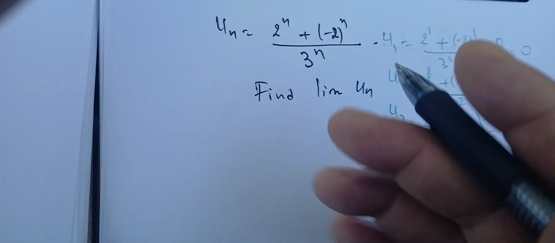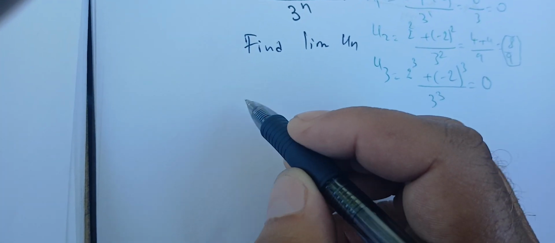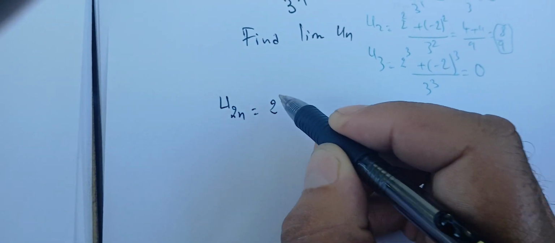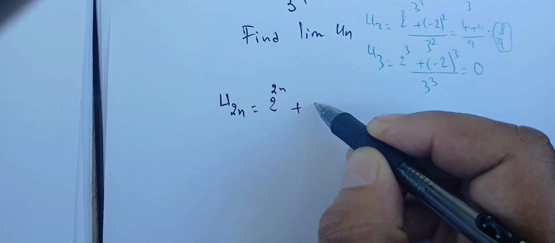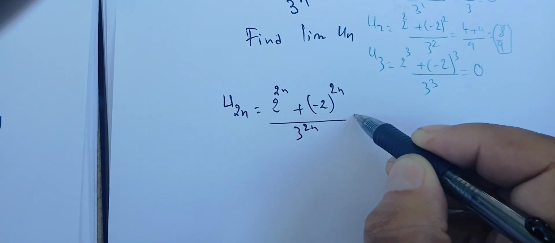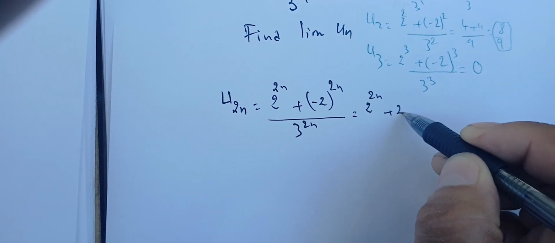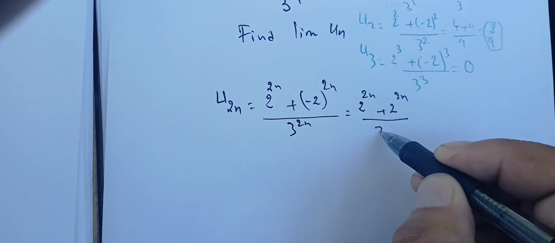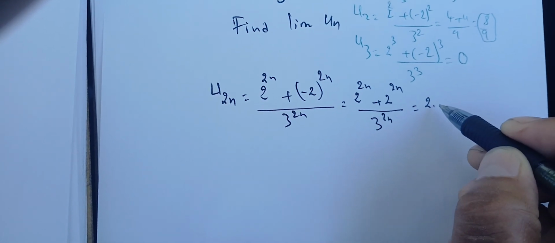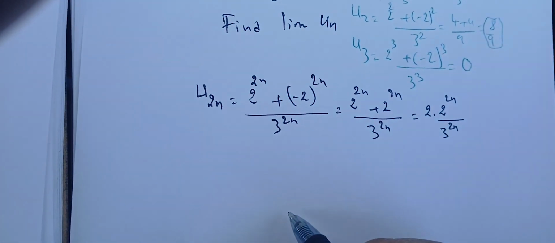So we have to study the parity of the sequence. If we have u_2n, we're going to have (2^(2n) + (-2)^(2n)) / 3^(2n). We're going to have 2^(2n) plus 2^(2n) over 3^(2n), which will give us 2 times 2^(2n) over 3^(2n).